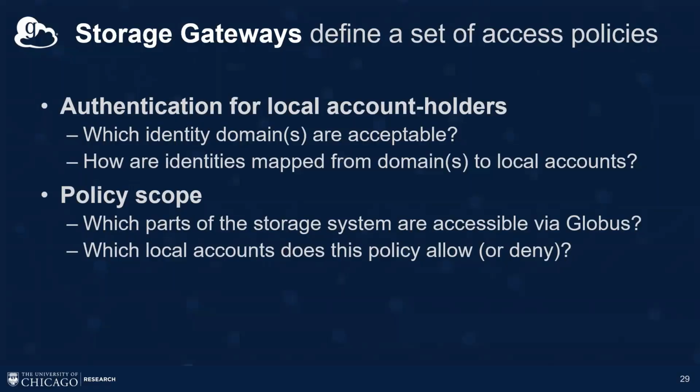And also, you can define policy scopes, which file systems are accessible and visible via Globus, which local account can actually access. So the identity domain is a whole lot of users, but not every one of them, for whatever policy reasons, you may need to restrict access to your Globus collections.